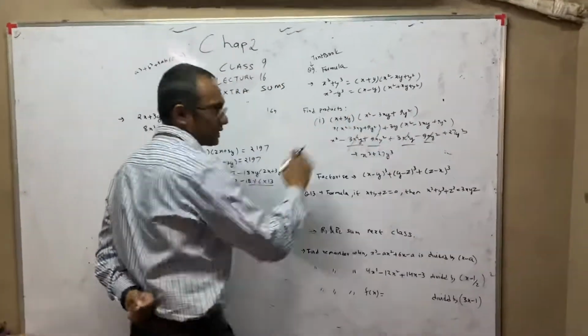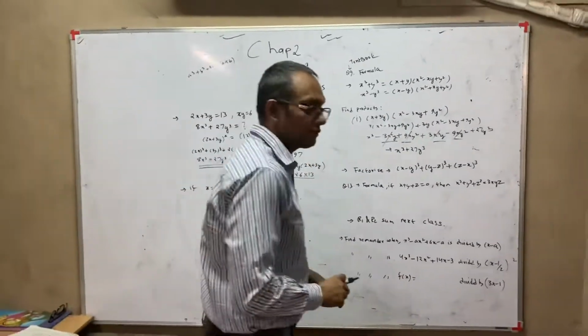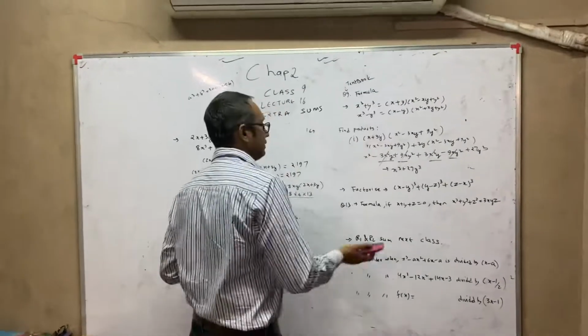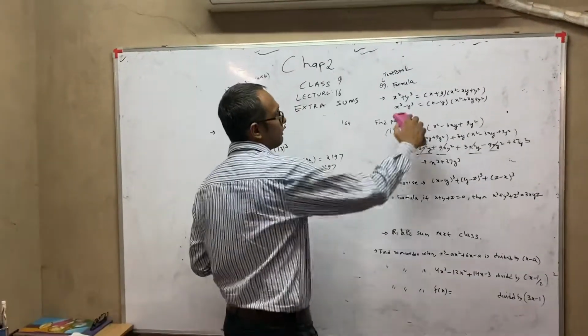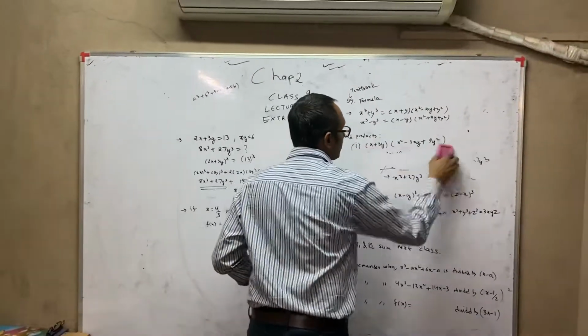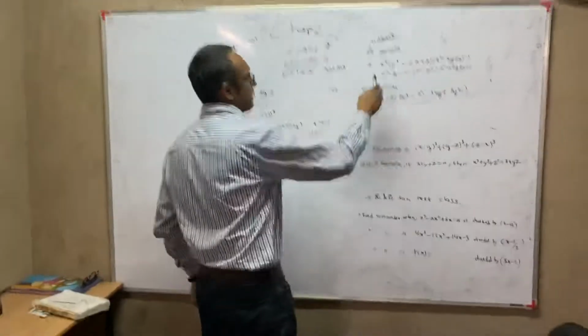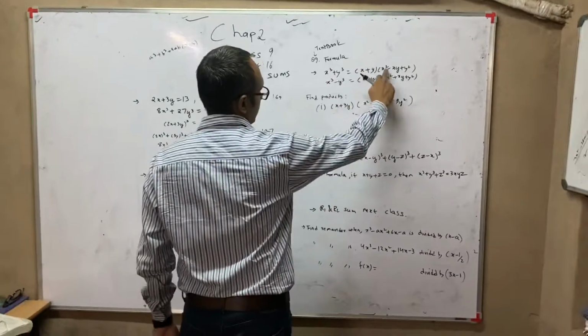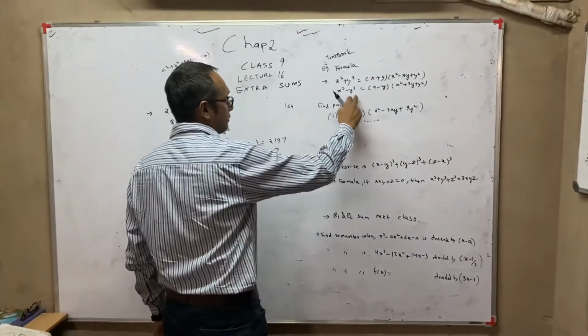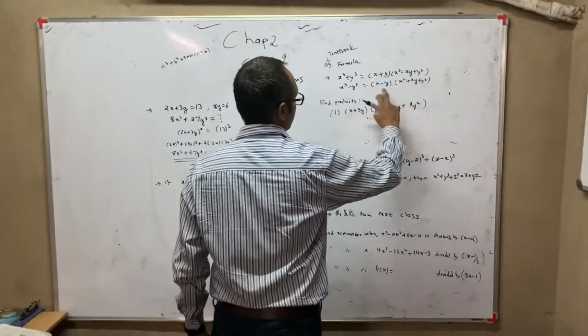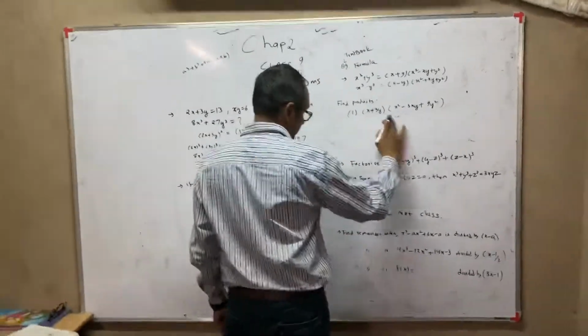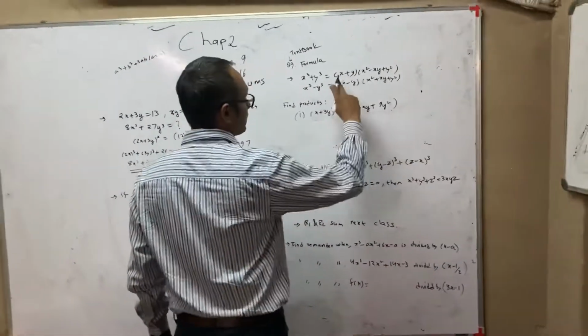Okay. Now this is one way of doing it, but I want to do this faster. Okay. And so what to do? So if you remember this question number 9 of the textbook, they had given us this formula: x cube plus y cube is equal to these two brackets, x cube minus y cube is equal to these two brackets. So if I see this and this bracket are the same.